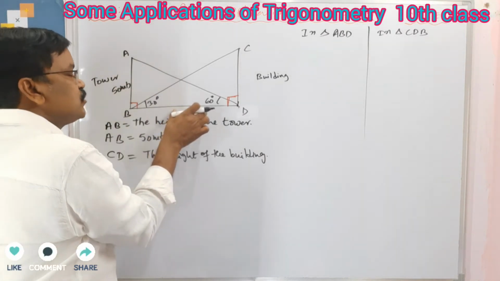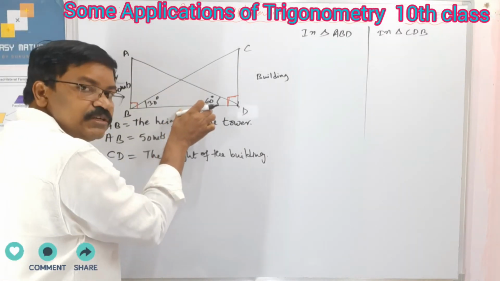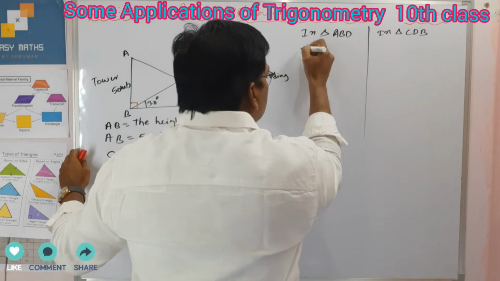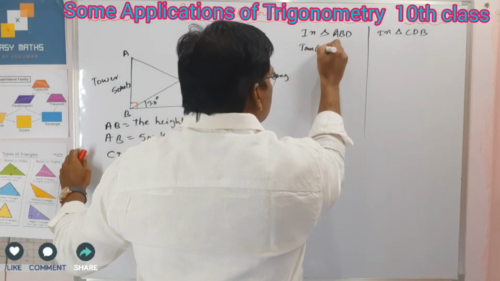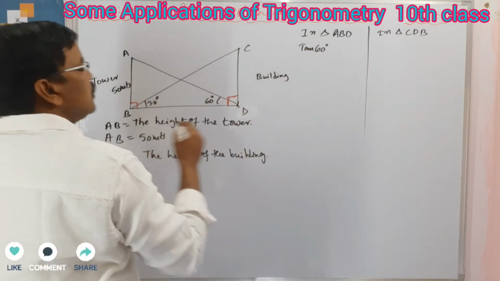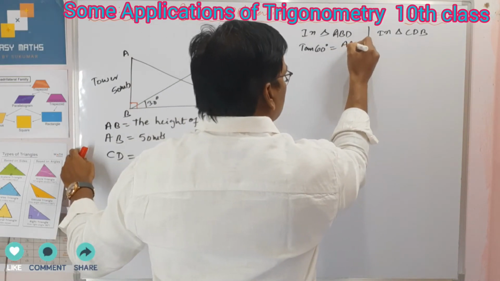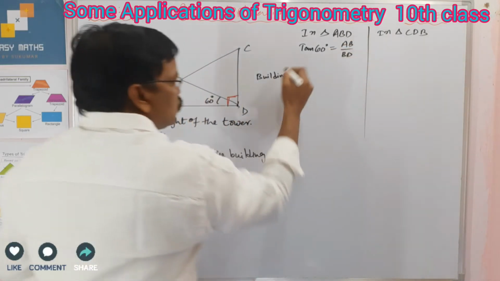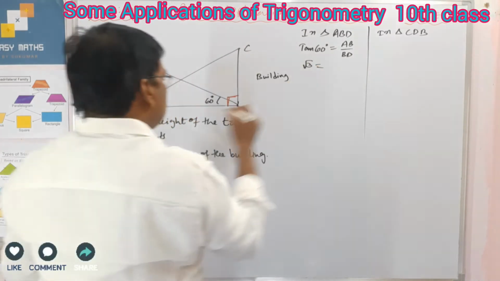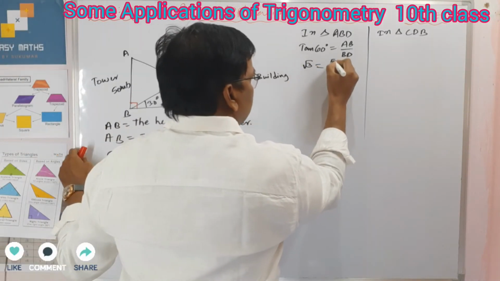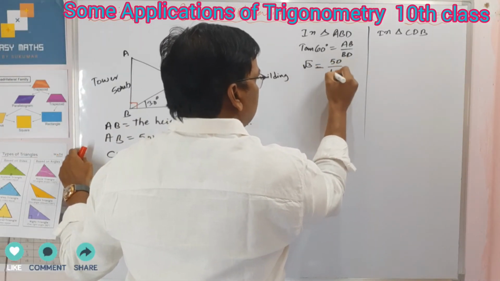See here in triangle ABD, take opposite side by adjacent side. That is tan 60, which is AB by BD. So tan 60 is root 3, equal to AB, which is 50, by BD.